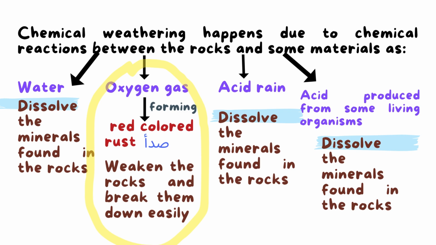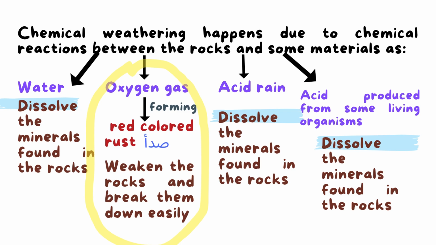Here we will know why: because of chemical weathering, yes? Also, we have the last substance, acid produced from some living organisms. These acids also dissolve the minerals found in rocks.